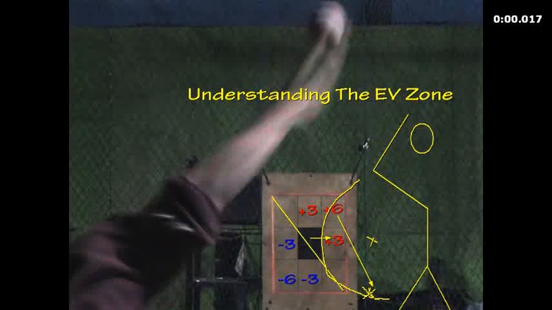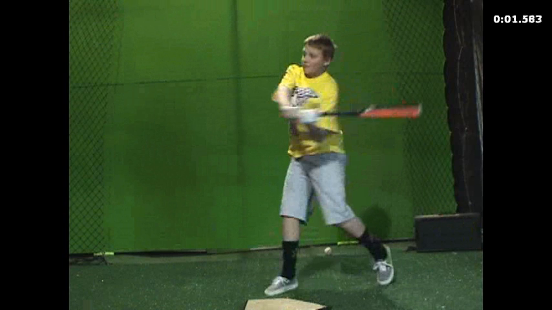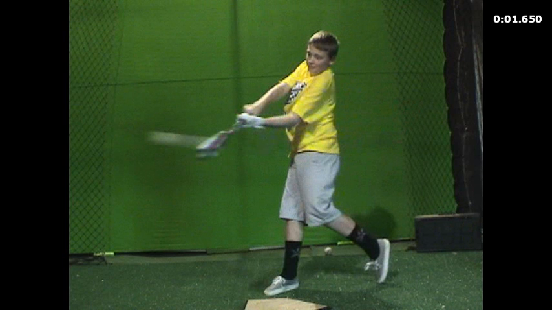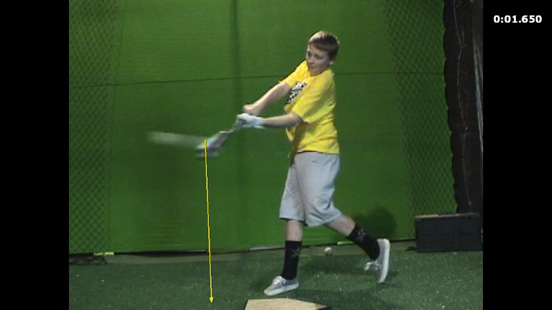So let's take a look at that in real life, and we'll try to show a measurement that will actually help this point of contact. Okay, so this is an inside pitch, and he's hitting the ball definitely well out in front of home plate. Again, he's not exactly 100% extended here, but he's pretty close. His lead arm is extended.